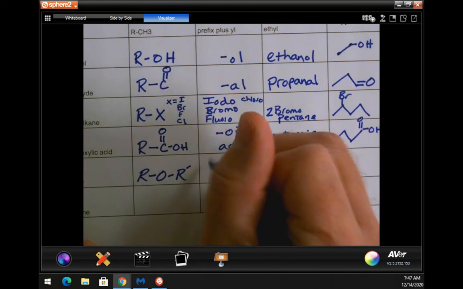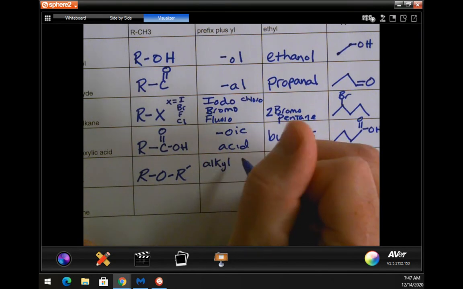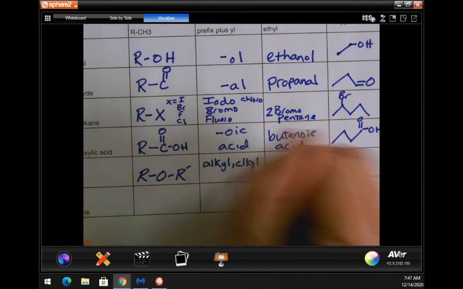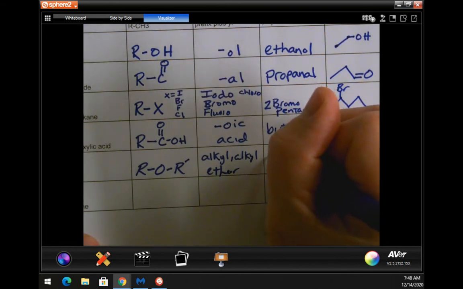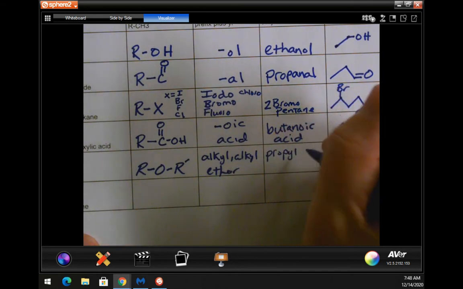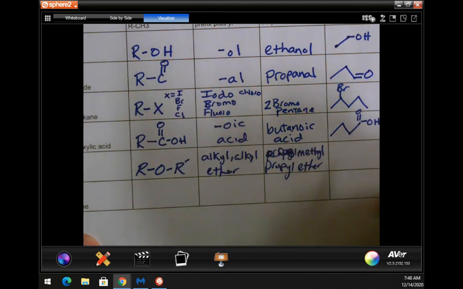Basically you just name the two alkanes, like, let's go with methylpropyl ether. Methylpropyl ether would be this.